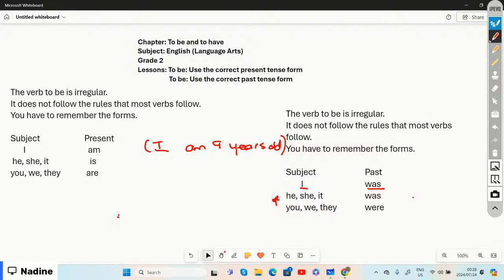All right. So now we're going to A plus students.ca, and our chapter is to be and to have. All right, so we're going to A plus students.ca, and that is where we're going to continue with our lesson.